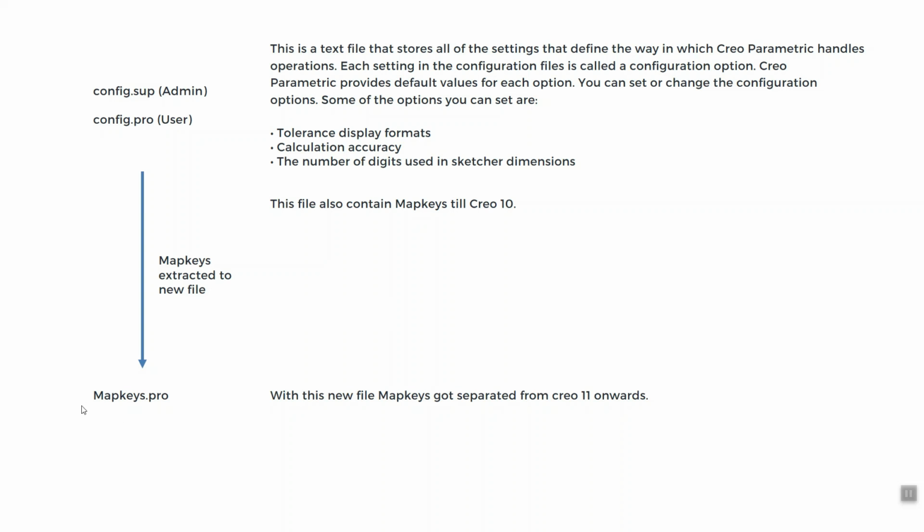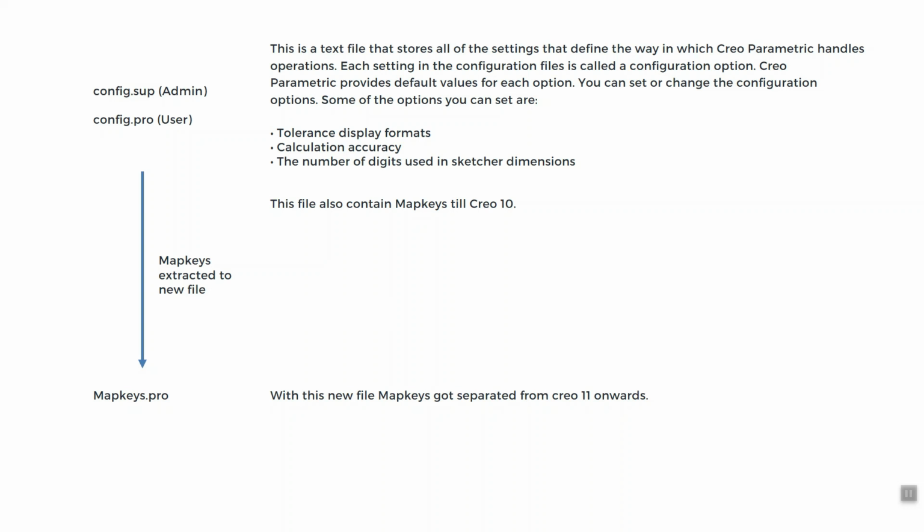So Mapkeys.pro contains the mapkeys only from Creo 11. Config.pro and config.sup contain the configuration options only. These two things got separated, and Mapkeys.pro is now for the mapkeys. In this also there are two levels of Mapkeys.pro: one is admin level, one is user level.